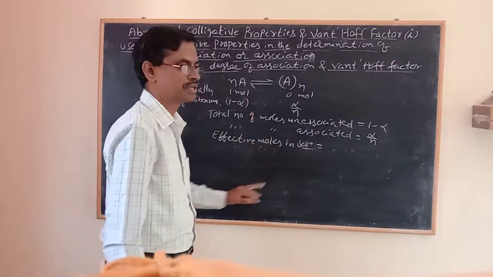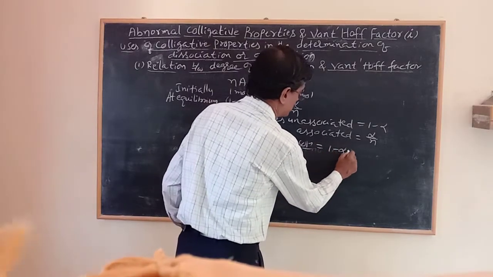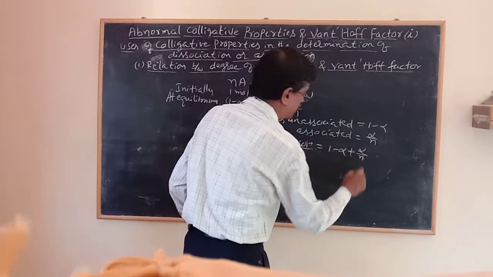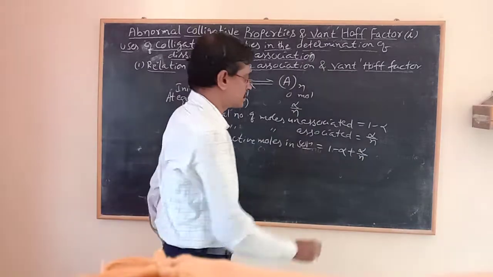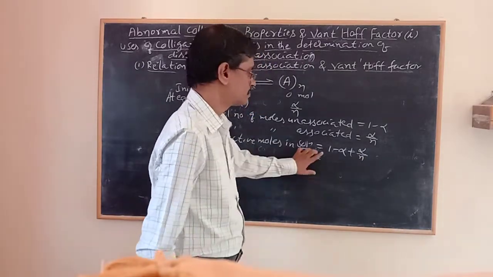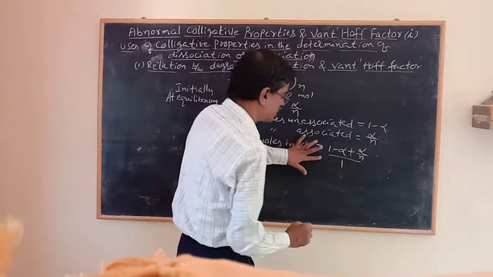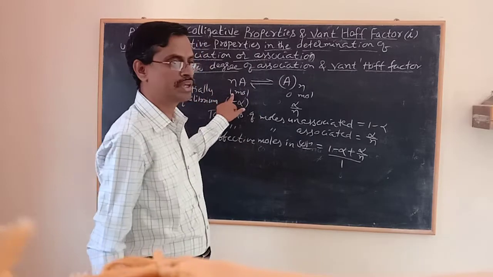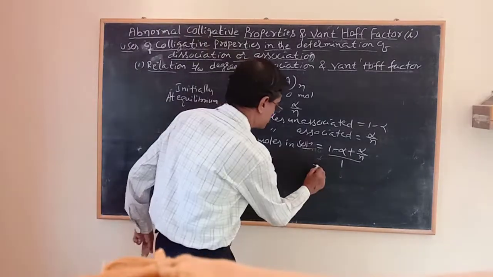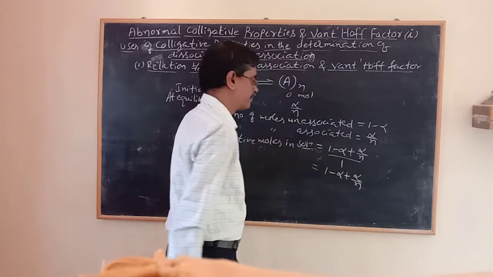You can calculate this by summing all values: 1 minus alpha plus alpha divided by n. Initially you are taking 1 mole, so you can write this as 1 minus alpha plus alpha divided by n.